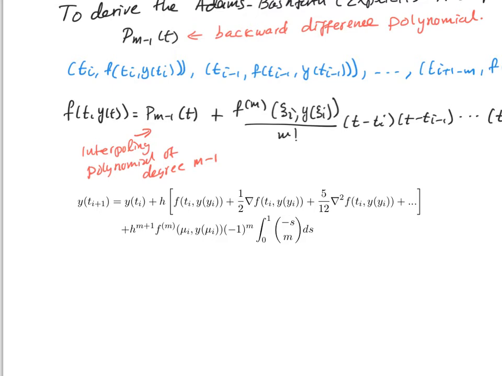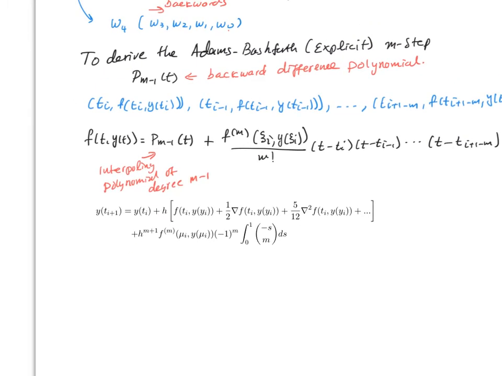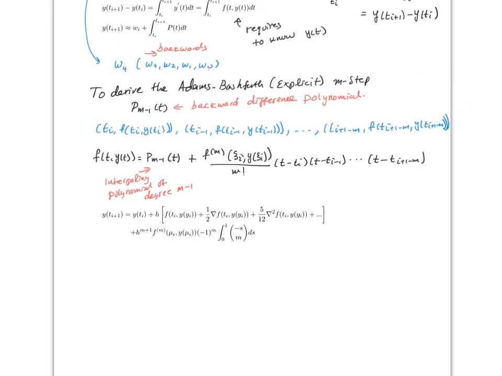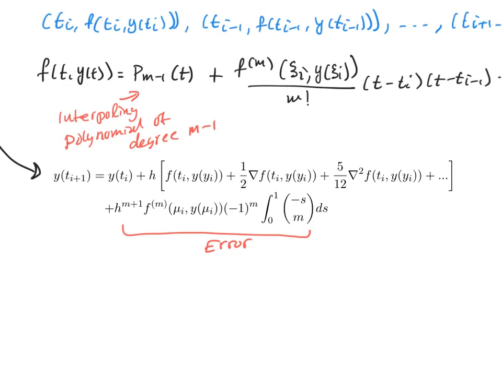So once you simplify everything, I'm going to give you this equation, where this part is the error term. There is a typo right here, so this should be t_i, so this part should be y(t_i), and so is this one, and so is this one.